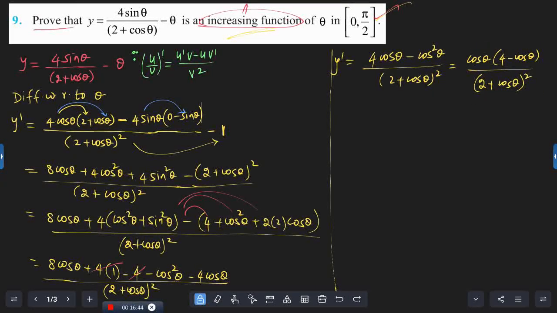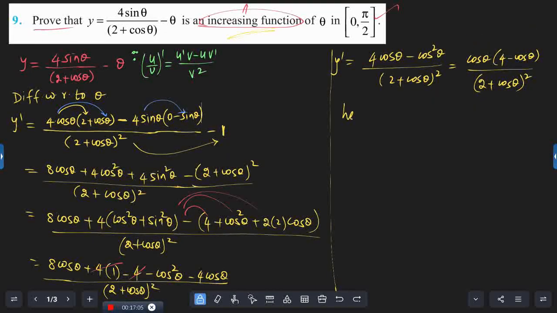In the numerator, whatever you have, what is it in the first quadrant? What is cos theta in the first quadrant? Very good, cos is positive in the first quadrant. What about 4 minus cos theta? That you have to check. We'll give everything step by step.